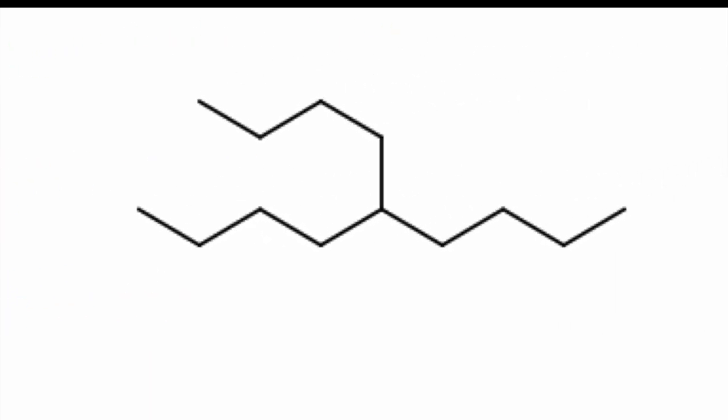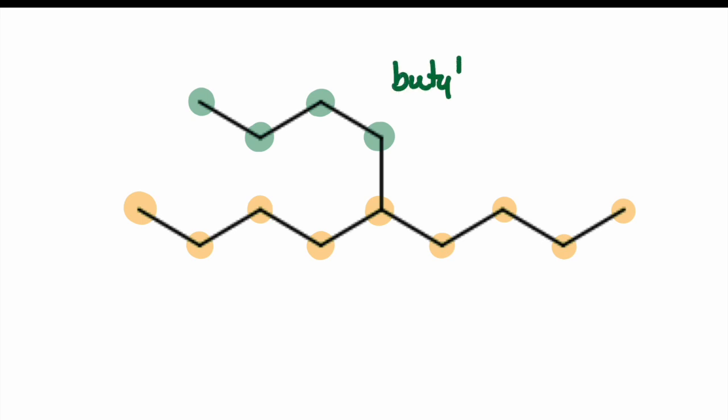All right, so let's go to this next example here. We have 1, 2, 3, 4, 5, 6, 7, 8, 9 carbons in our parent chain. And we have a 1, 2, 3, 4 carbon substituent here, or a butyl group.